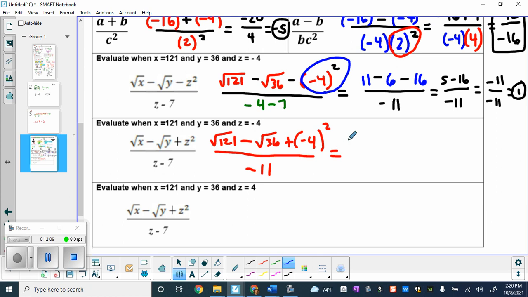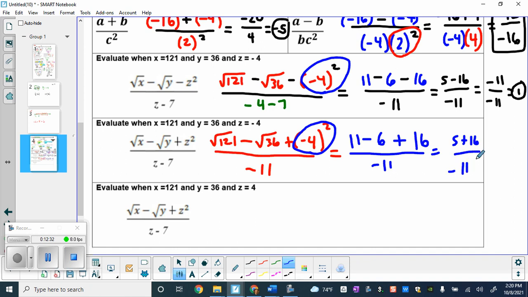So still here, this gets to be the 11, and then minus the 6. And here when you do a negative times a negative, it's a 16. So there's my 16. And then the plus sign that was in front of it from the problem is right there. And then all of this is now over negative 11. So when we do this, 11 minus 6, we still get a 5. But now 5 plus 16 in the numerator is a 21.